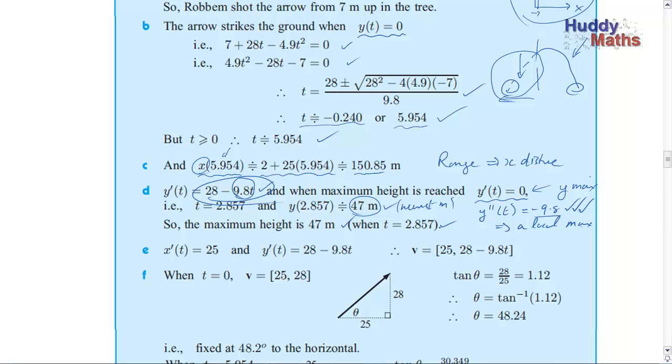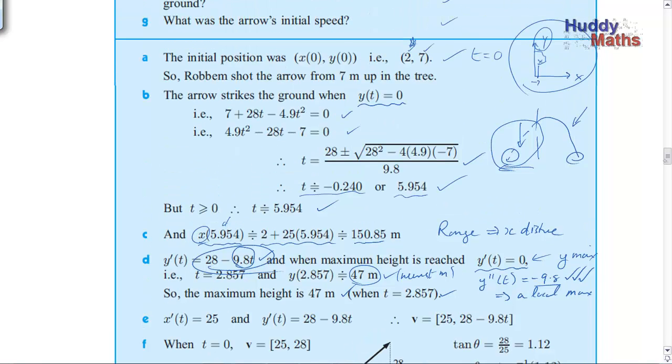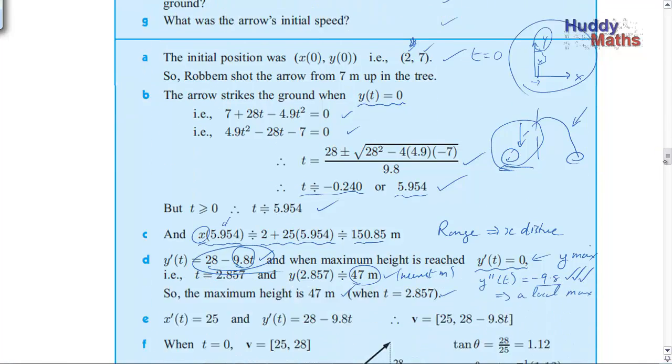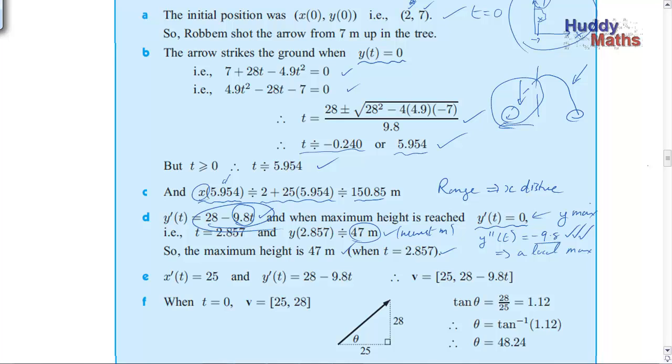All right, so what we want to do then is, now what's this next question? Let's just go back up and check E. What did E say? E said, what was the velocity of the arrow flight? So here, what we've got is looking at those derivatives. x prime t was 25, y prime t was that, so that's a velocity vector.